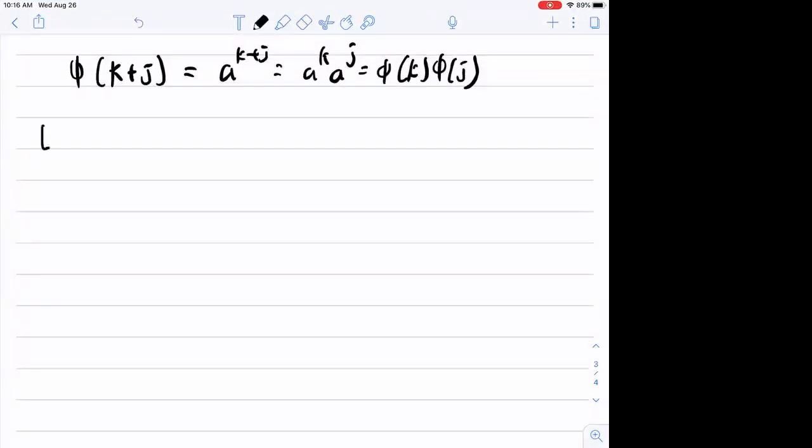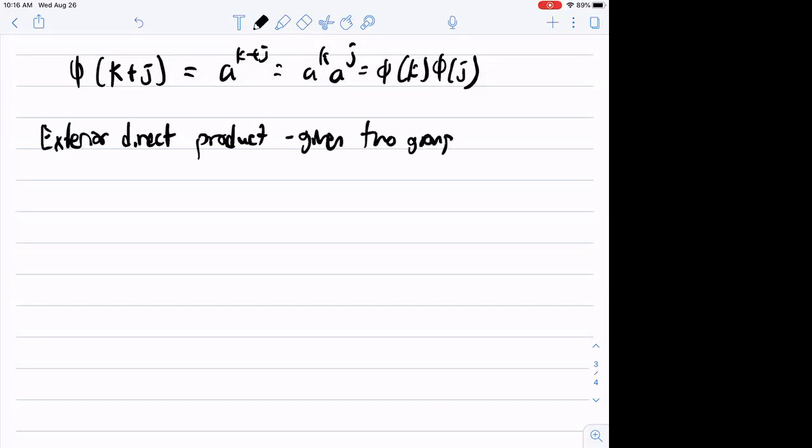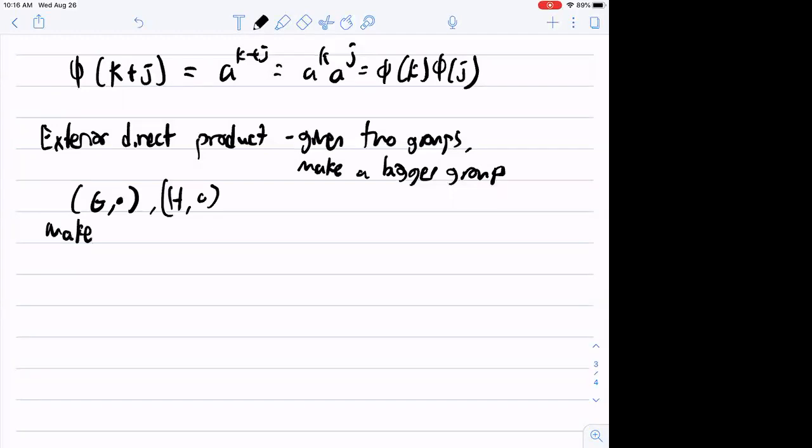So we have something called the exterior direct product. Given two groups, we make a bigger group. If I have G under dot, that's my operation, and H under circle, then we make a group called G cross H, which is just the Cartesian product as sets, and we define the operation component-wise.